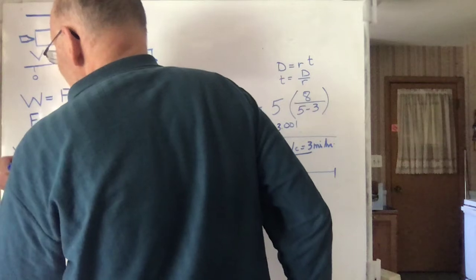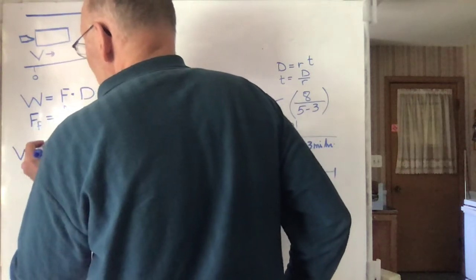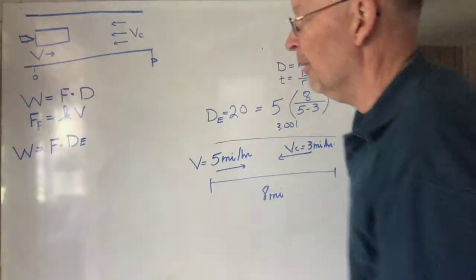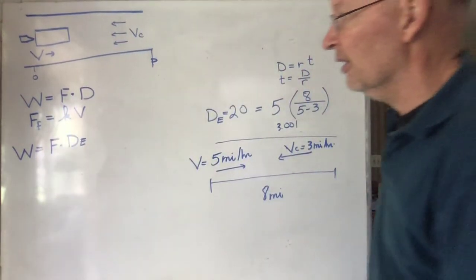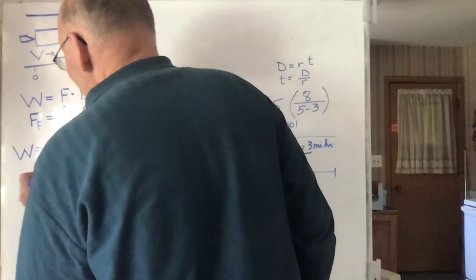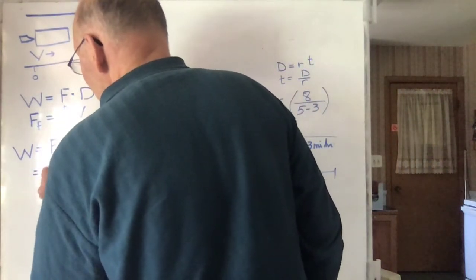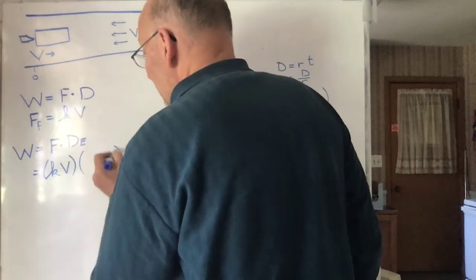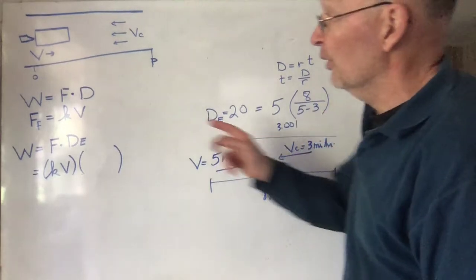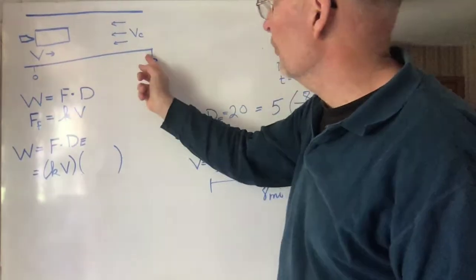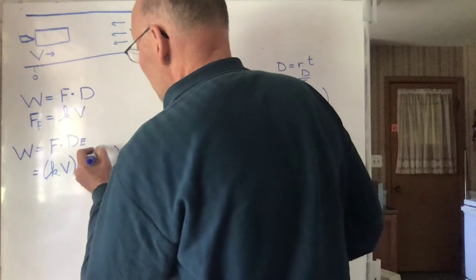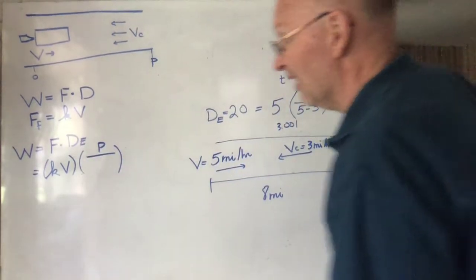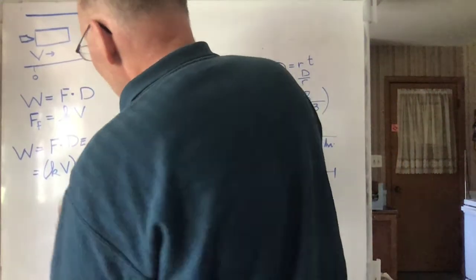So let's say that the work is equal to your force times this effective distance. How much water have you actually pushed past? And the force is K times V. And the effective distance, same as here, is what you get by taking this distance here, which would be P, make it a little bit better.